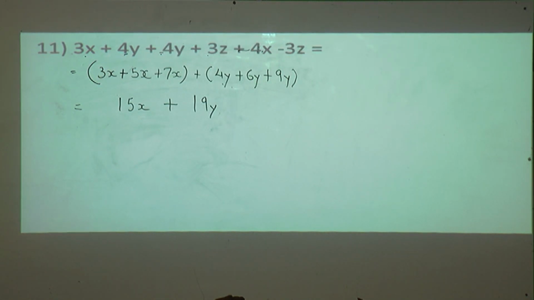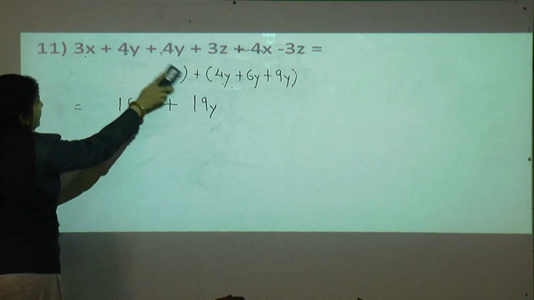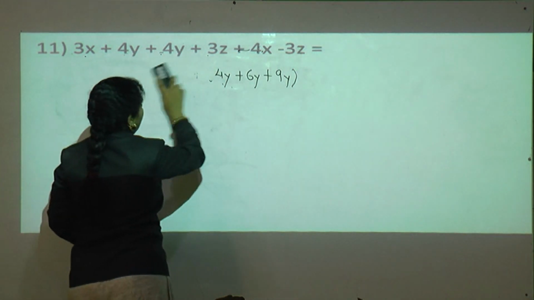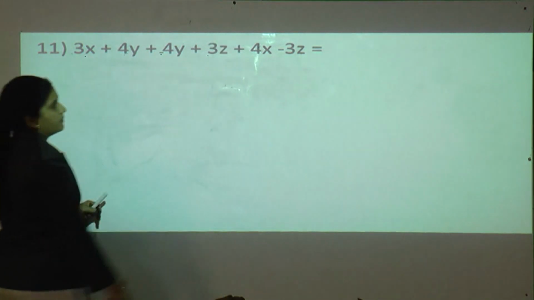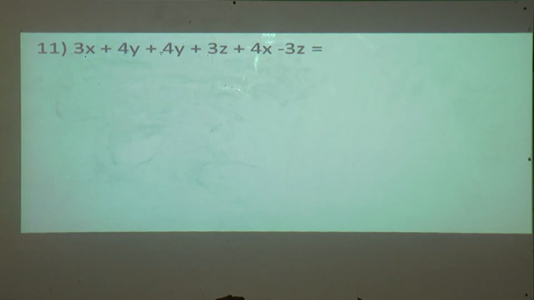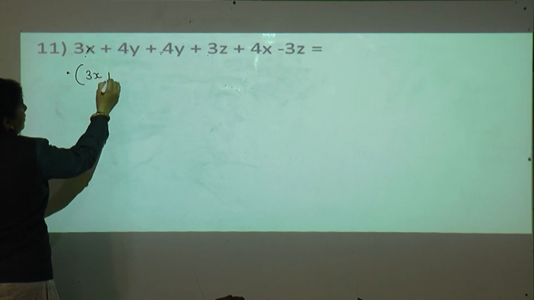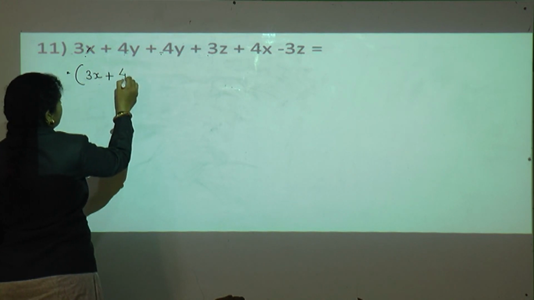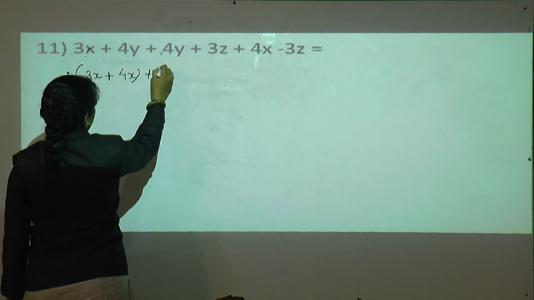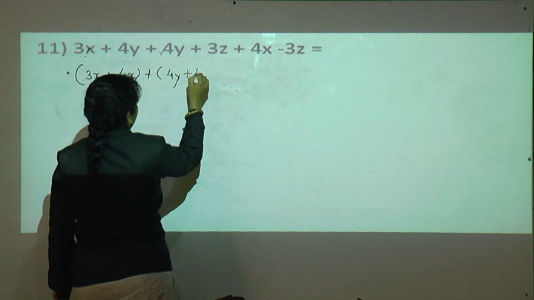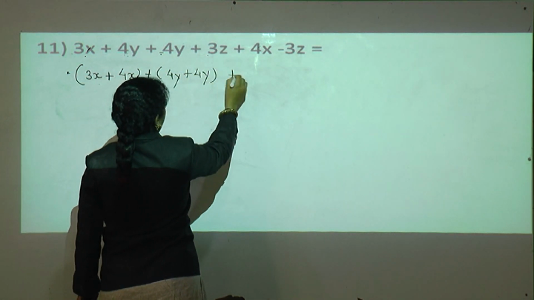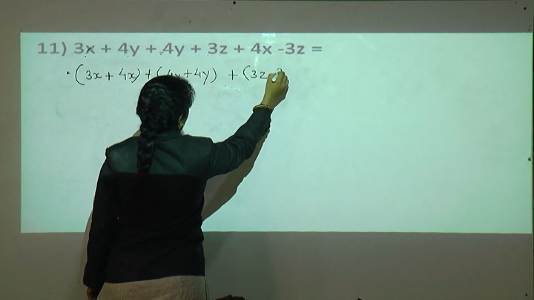Next one, 3x plus 4y plus 4y plus 3z plus 4x plus minus 3z. Students, again same rule, put the like terms together in a group. 3x plus 4x, plus 4y plus 4y, now z, 3z and minus 3z.